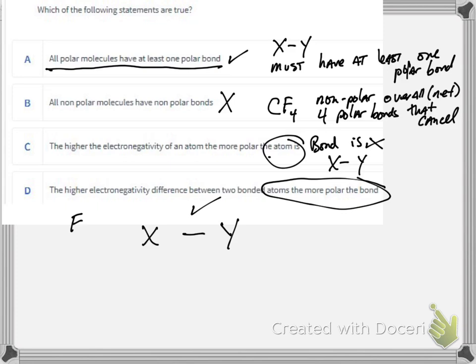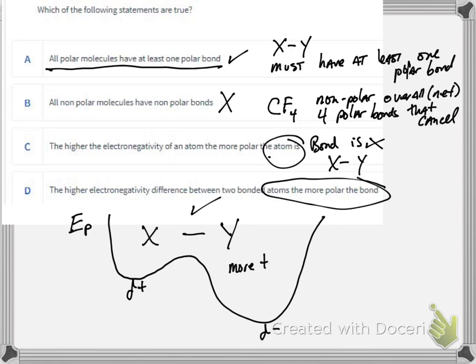So let's look at a model here. If X has lower electronegativity, it means it's less stable, higher potential energy, and Y is more electronegative, then we would see an energy environment like this. What would happen is the electrons in the bond are going to spend more time around the more stable atom.